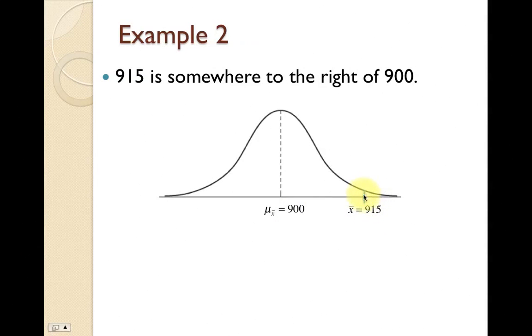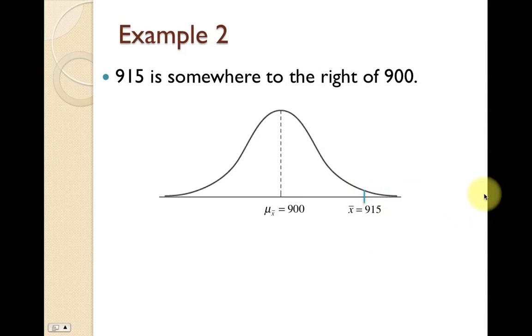The p-value that we're going to calculate on our calculator will be all of the area from this 915 all the way up to positive infinity. When the test is on the right-hand side, the p-value is calculated from X bar up to positive infinity.